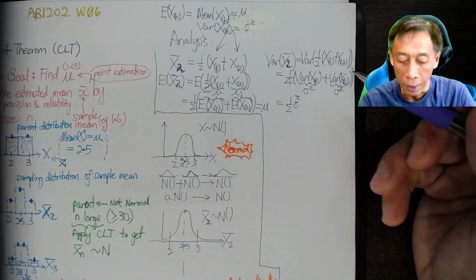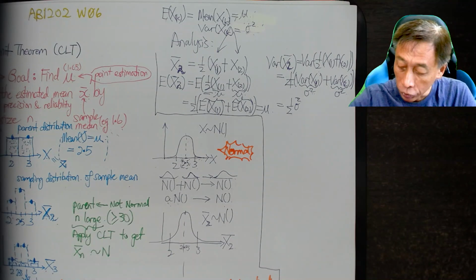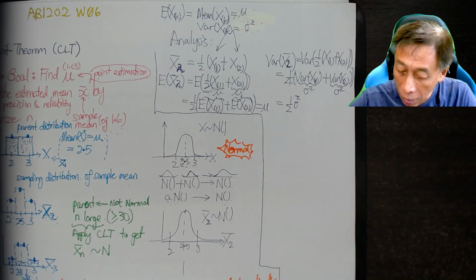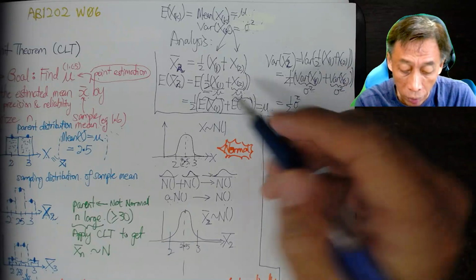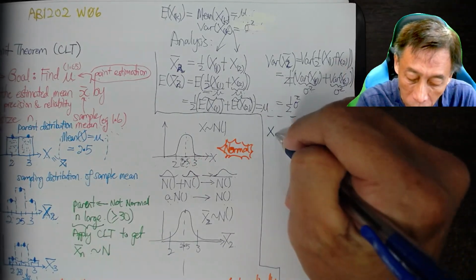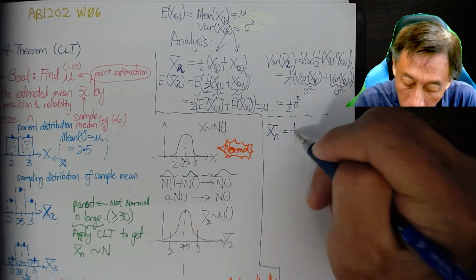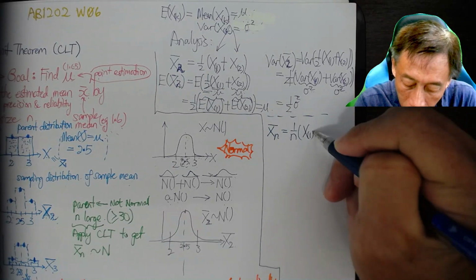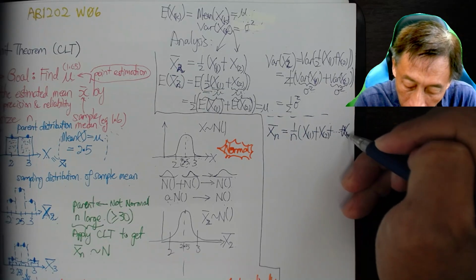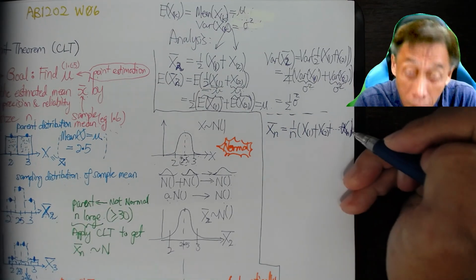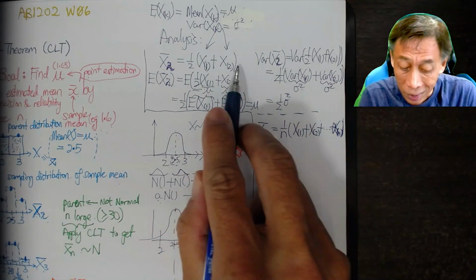Okay, and in general, if we are not dealing with 2, but we are dealing with n, whether n is big or small, it will be 1 over n of x1, x2, plus all the way to xn. Can you see this? Okay. It's just extending this to xn, that's all.